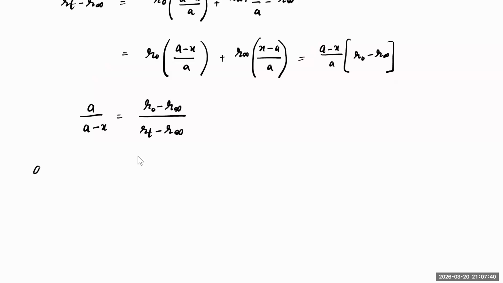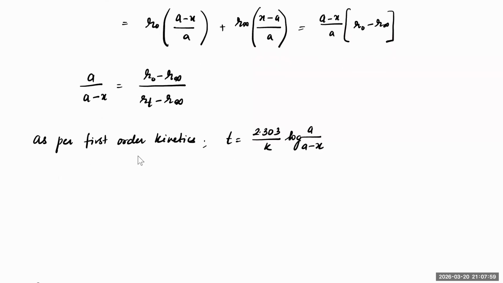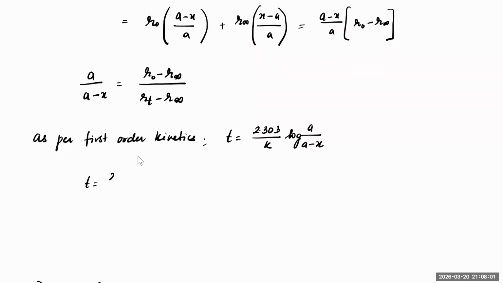Now, as per first order kinetics, we know that t can be written as 2.303 by k log of a by a minus x. So t will be equal to 2.303 by k log of, what did we get?